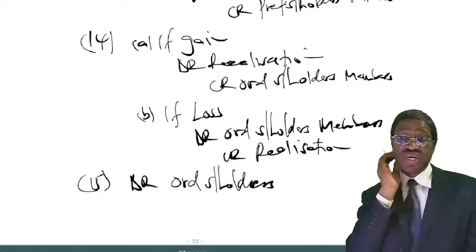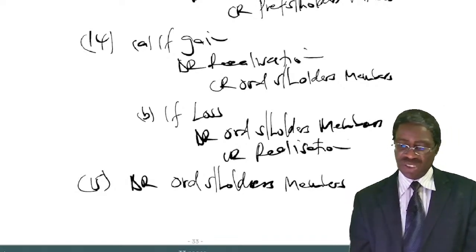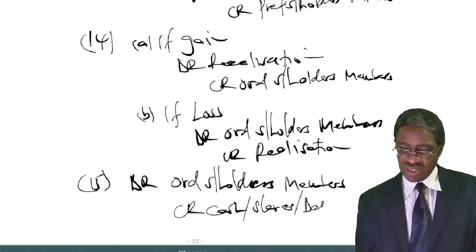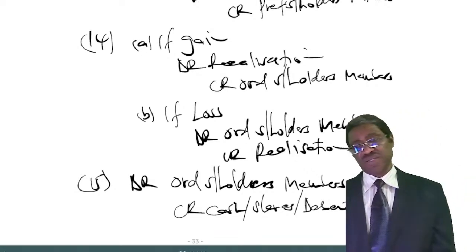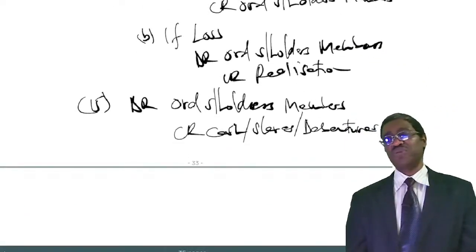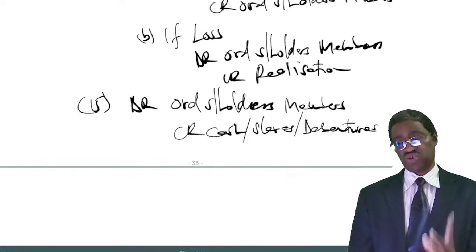Debit ordinary shareholders members, credit cash, stock shares, stock debentures. Remember, you received them as assets, now you are using them to pay. That's why we are crediting them.